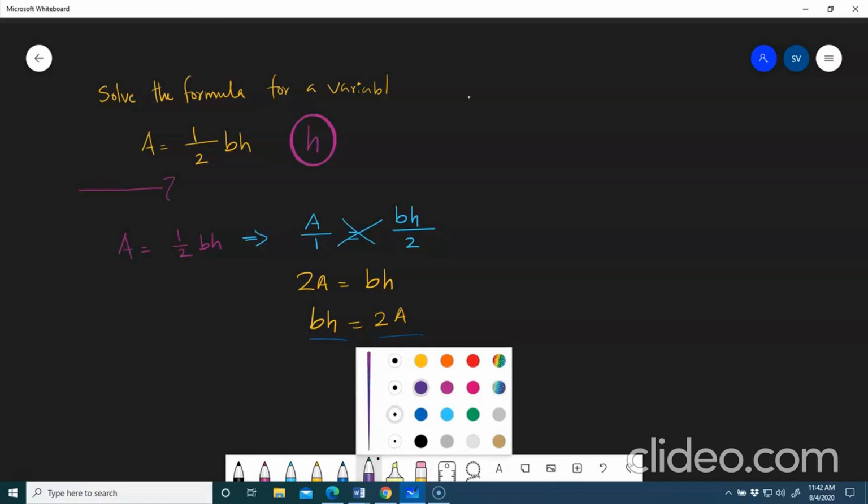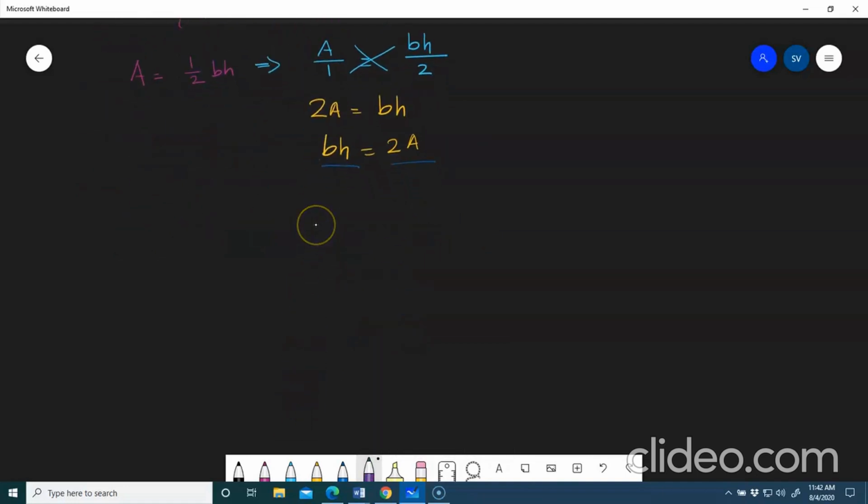Divide by b, and it cancels out. It is not making any difference, because if you are doing one operation on one side of the equal sign, you should do the same operation on the other side.